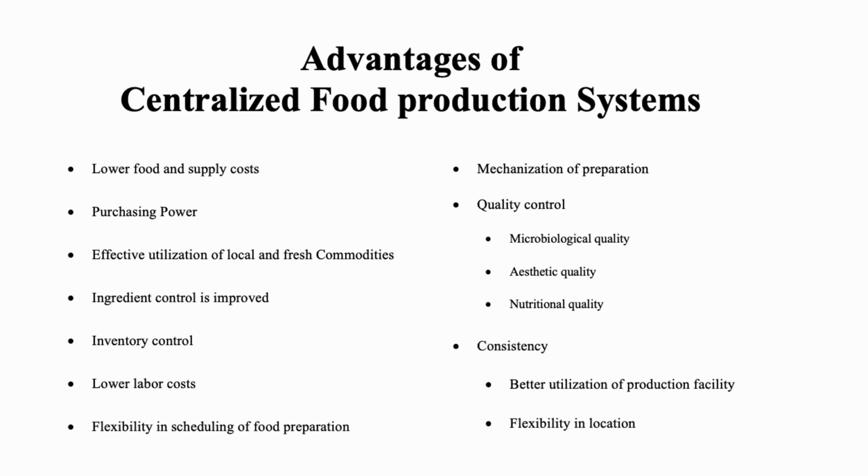What are the advantages of centralized food production system? Well, the advantages are lower food cost and supply cost, increase in purchasing power, effective utilization of local and fresh commodities, improved ingredient control, inventory control, lower labor cost, flexibility in scheduling of food preparation, mechanization of preparation, and quality control, especially microbiological control, aesthetic quality, and nutritional quality.